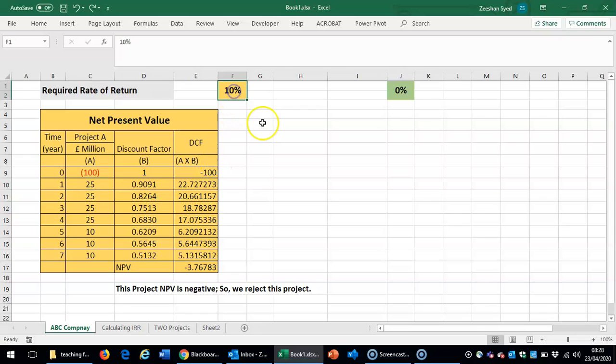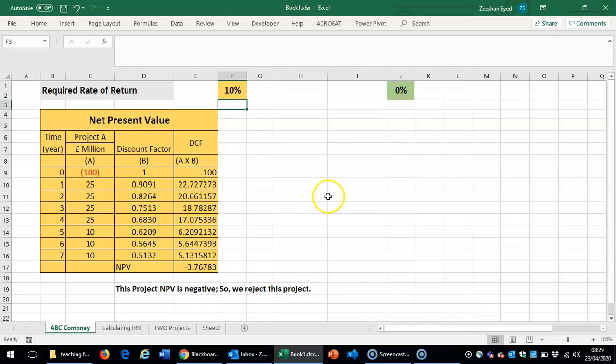Otherwise, if the discount rate goes lower, you see, when the discount rate goes lower, NPV becomes positive, or it increases. It increases when this interest rate or discount rate or required rate of capital decreases, NPV increases. So a negative relationship, and vice versa. Let's keep it to 10%.